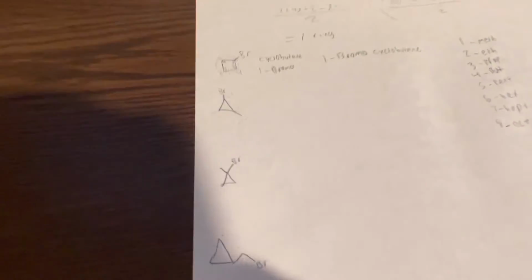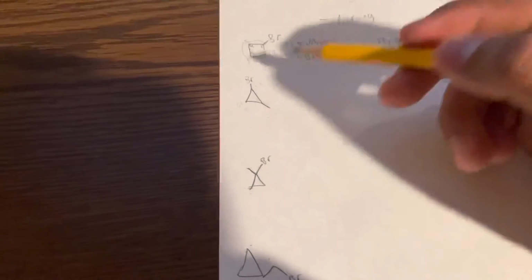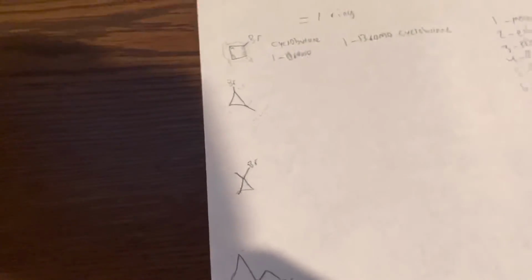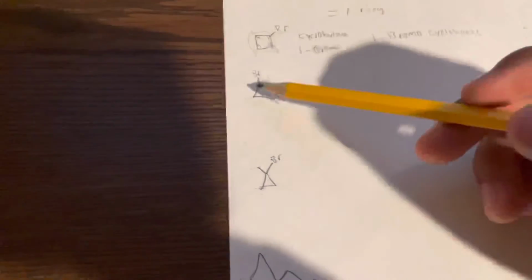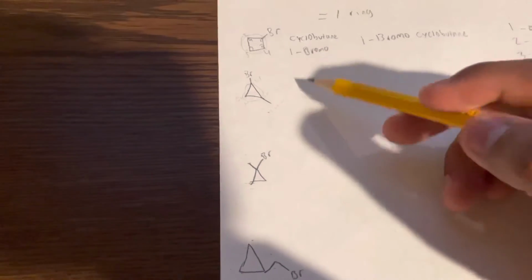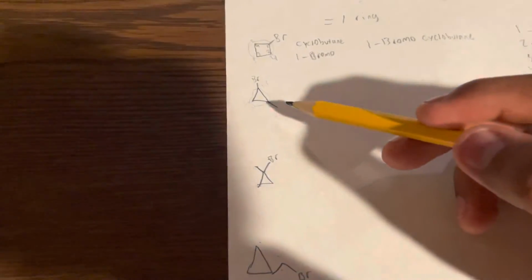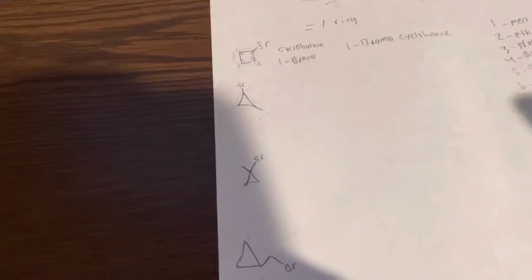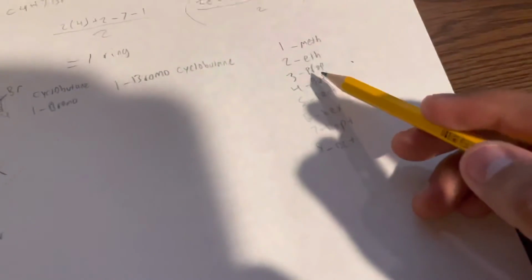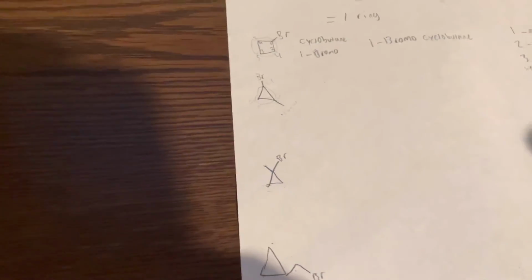All right, now for the next one. This one doesn't have 4, this one has 3 now. So what's the longest chain that we have? It's going to be the cycle again. This one is not gonna be butane because there's only 3. It's gonna be the one that has the 3, so it's gonna be prop.